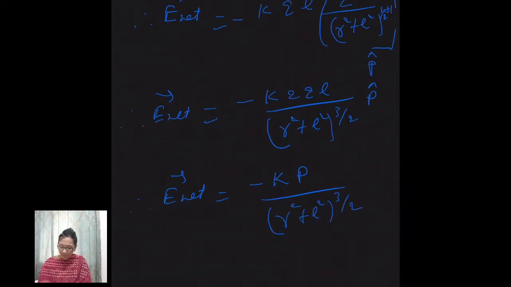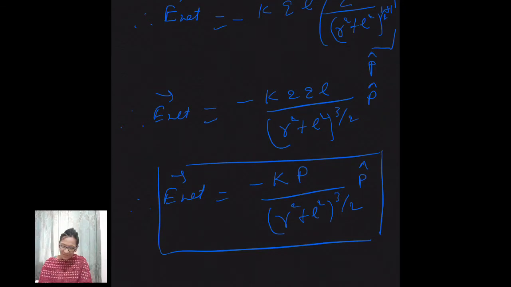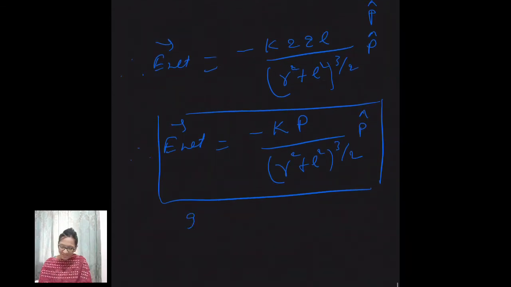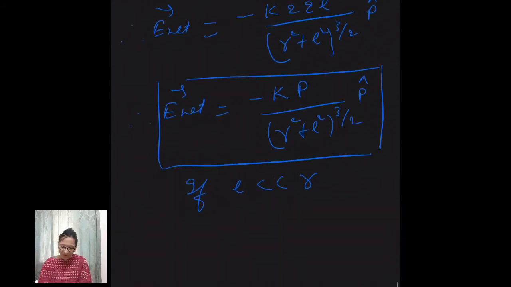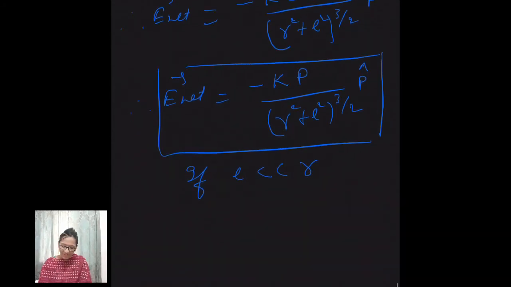Now this is your electric field. Now if L is very much less than R, we can just ignore L. Therefore E net is equal to minus Kp upon R square whole power 3 by 2 P cap, and this 2 is cancelled.